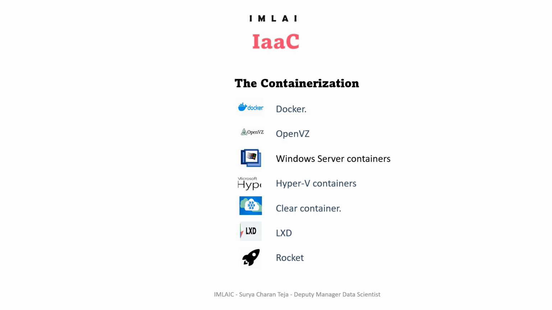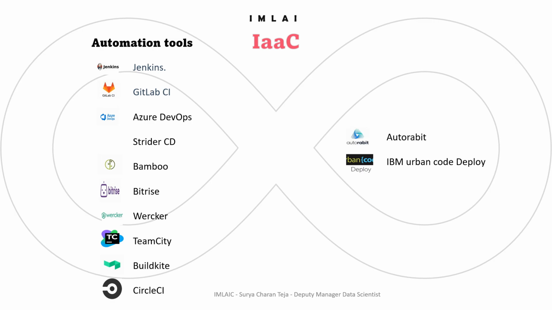Then we will move on to the automation tools. Whatever tasks we want to automate, we need certain intermediary tools that can communicate with all the servers and all the tools and make this activity possible. Those tools are called automation tools.